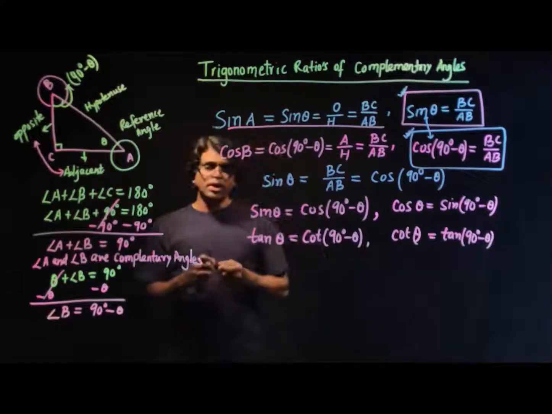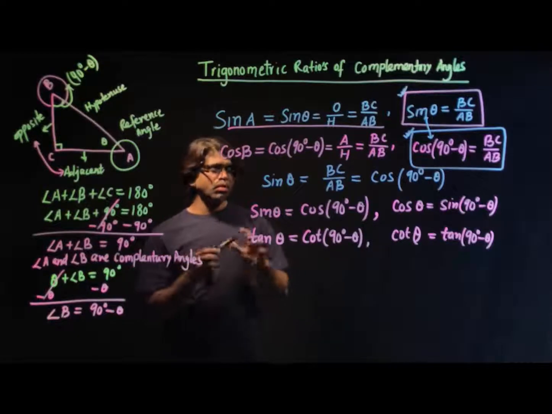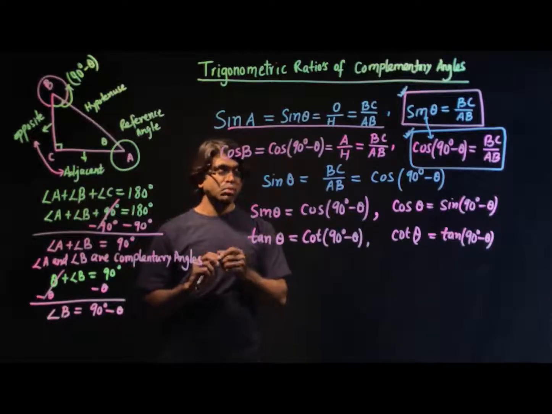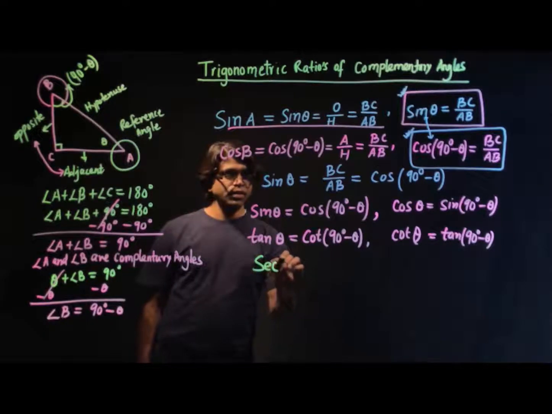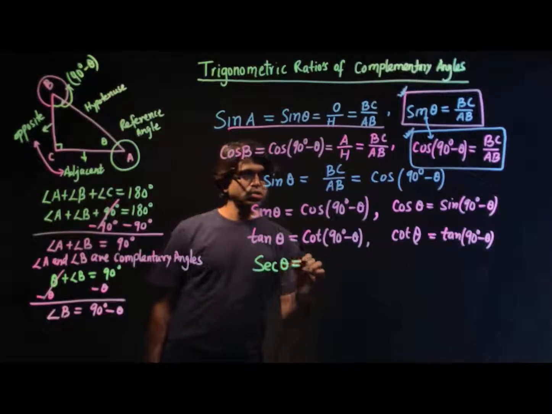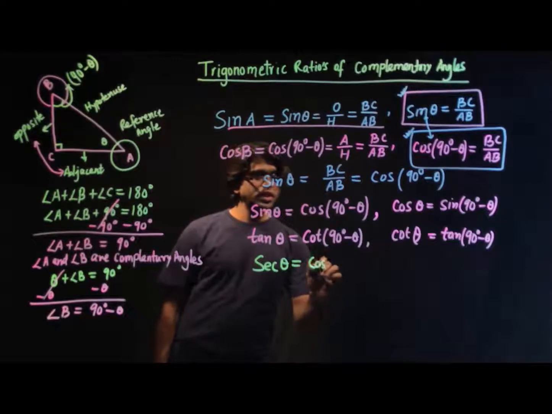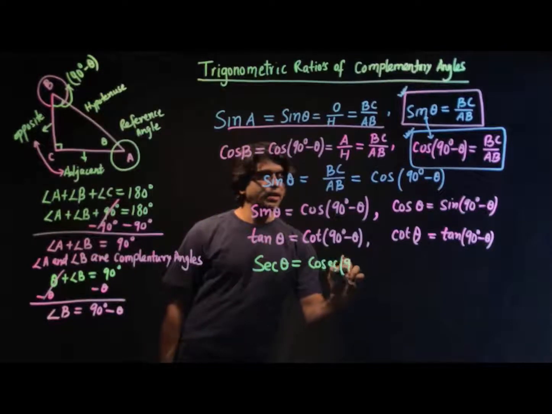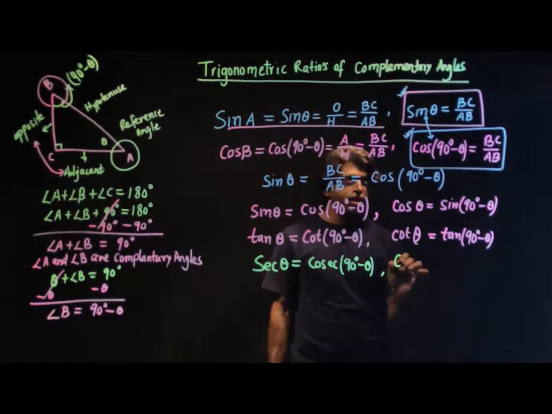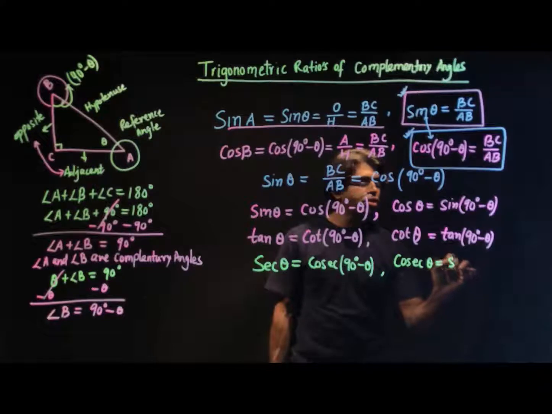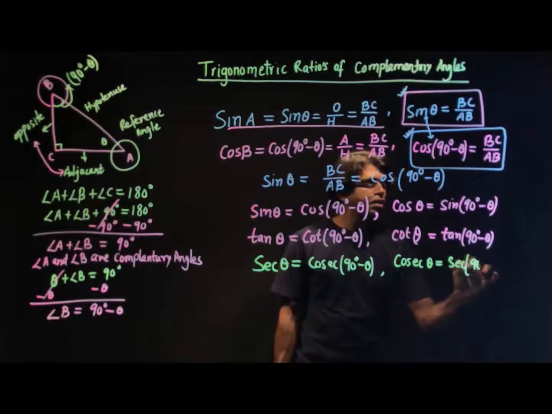And the last one that you can prove, if you want, you can definitely go ahead and prove, is that secant of theta is equal to cosecant of 90 degrees minus theta, and in the same way cosecant of theta is equal to secant of 90 degrees minus theta.